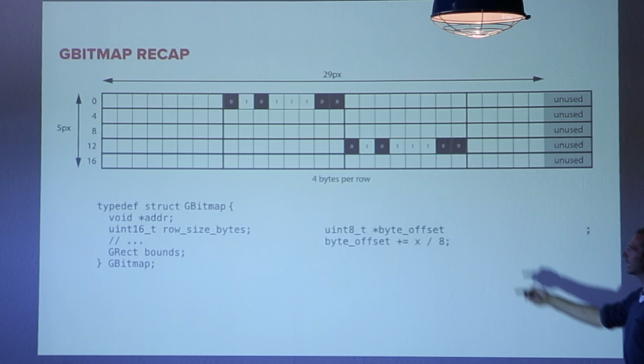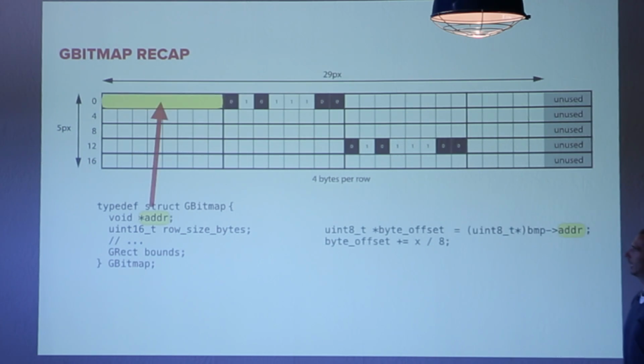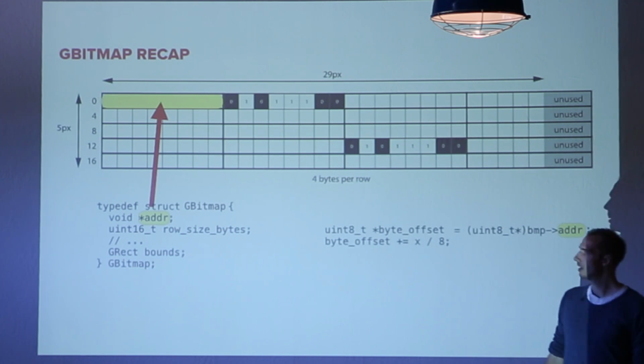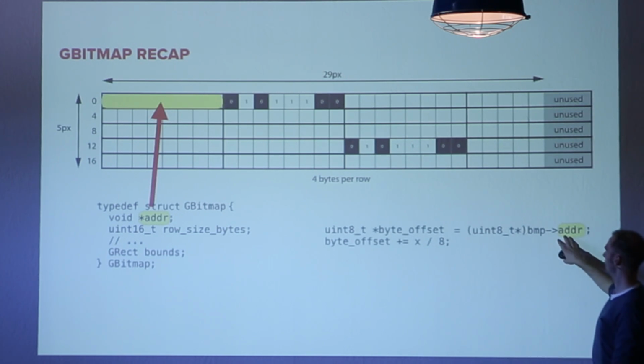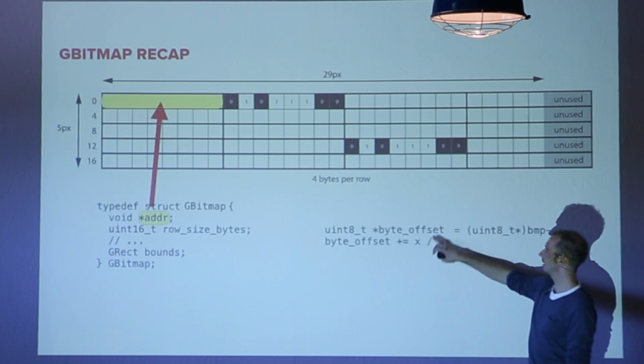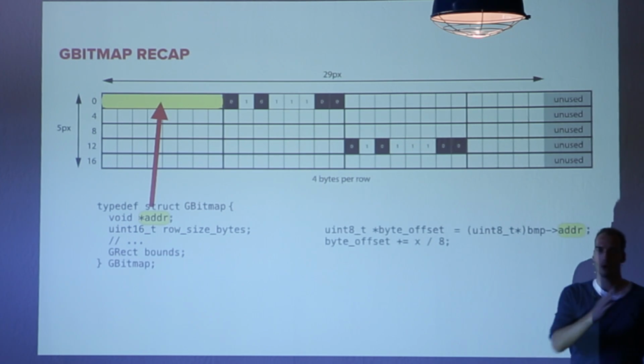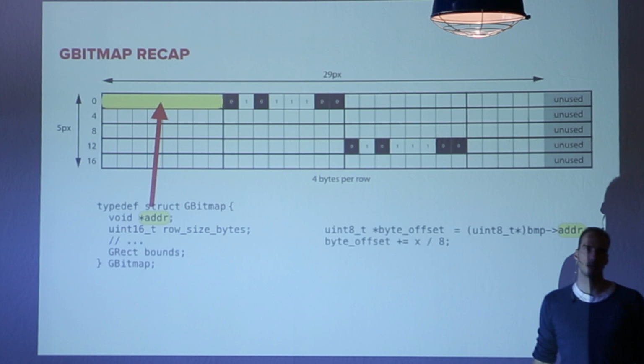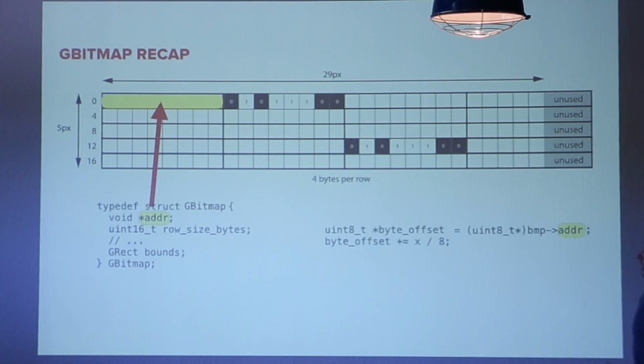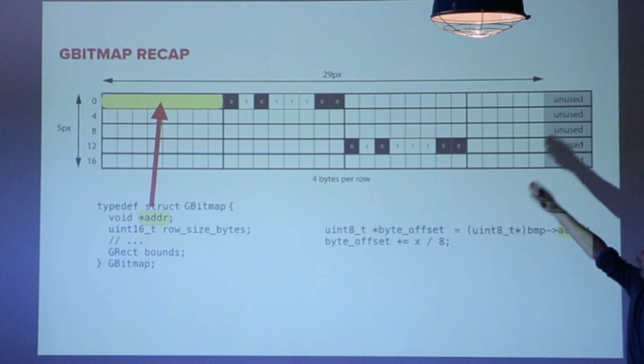Okay, now where do we get the pointer to the first byte of the frame buffer from? Well, actually, that's in the GBitmap struct, the addr pointer. So I can store the bitmap's address in my byte offset, and then I add, for the horizontal shift, the x coordinate divided by 8, at least for a column.